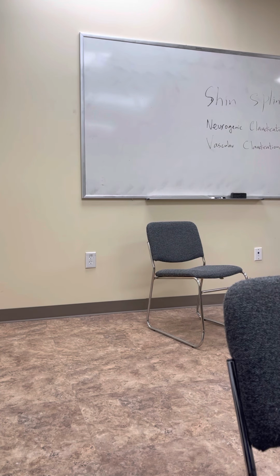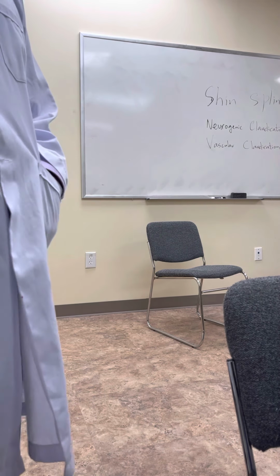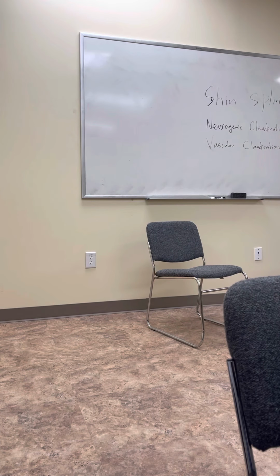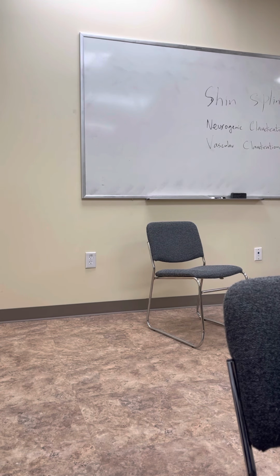I don't have it here. The list that he gave us through Google Classroom, the list of the tests and the diseases, conditions. You can print it out. Yes, she has it. I have one. Good.